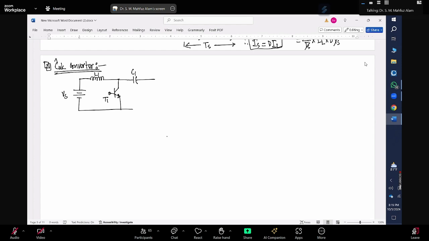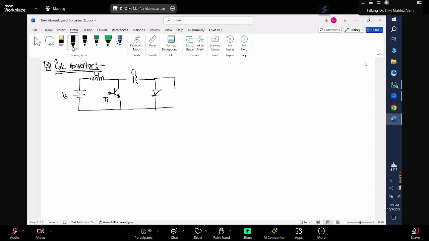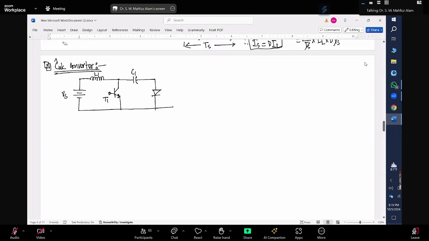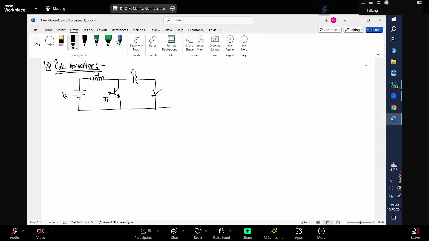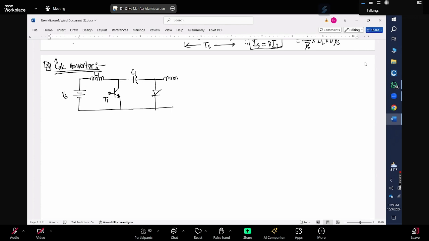Then after this capacitor, we'll have a diode. And then we'll have another inductor, L2. And then we'll have a capacitor.